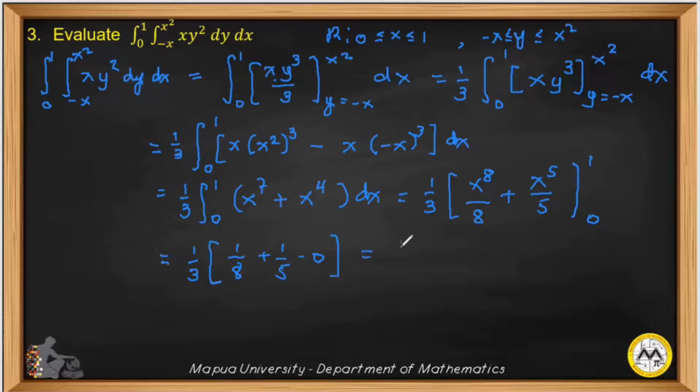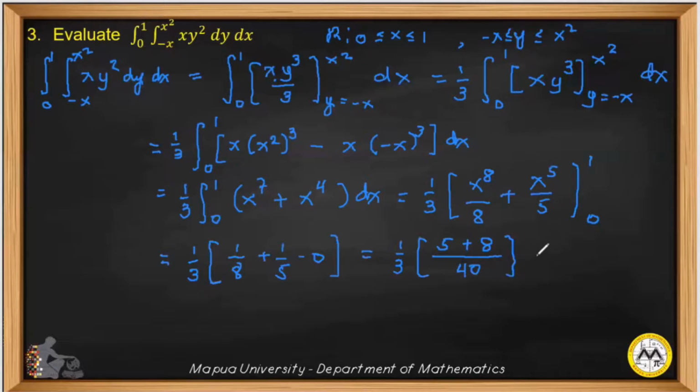Hence we have 1/3 times. We can get the common denominator. Of course, the common denominator is 40. 40 divided by 8 gives us 5 times 1, so 5, and this must be 8.